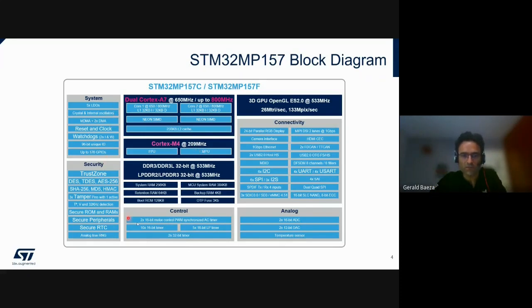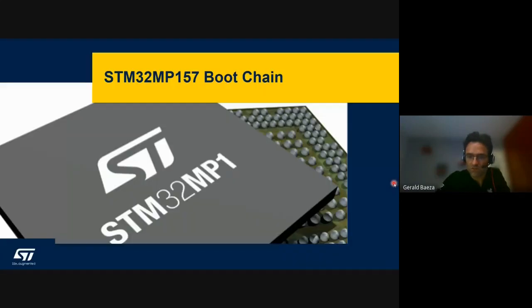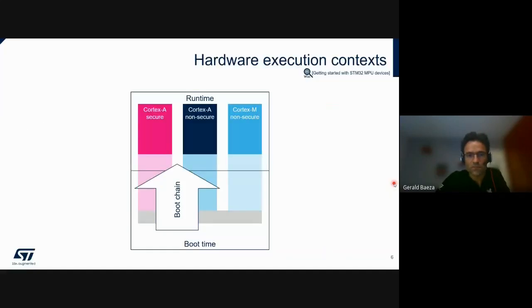Around this, we have many peripherals. For those among you who know the STM32 MCUs, you will find many peripherals inherited from these families and other peripherals that are more specific to microprocessors, like the GPU, for instance. So we can continue with the boot chain.